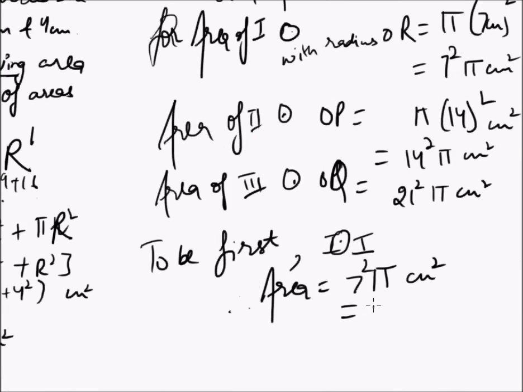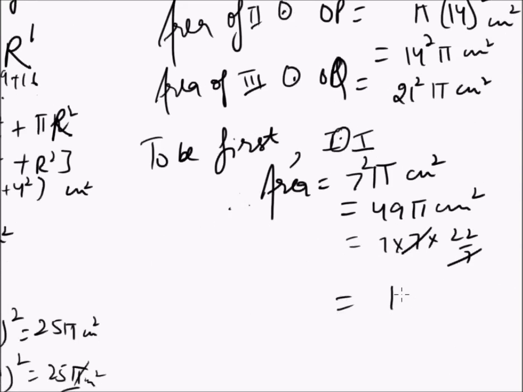So it is 49 pi centimeter square. That is 7 into 7 into 22 by 7. 7 gets cancelled by 7, and we have 154 centimeter square as the result.